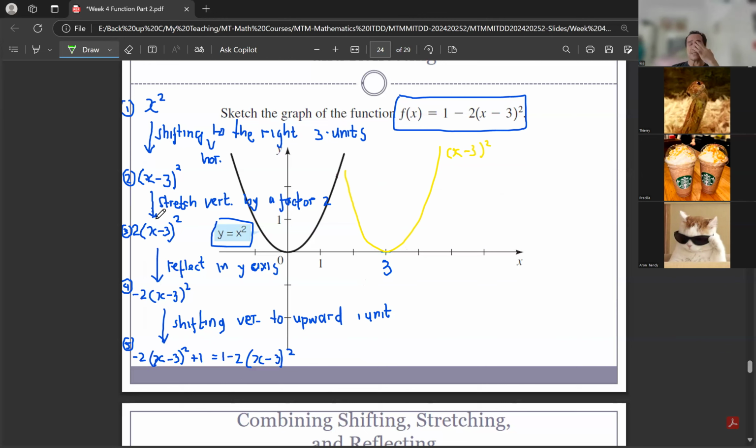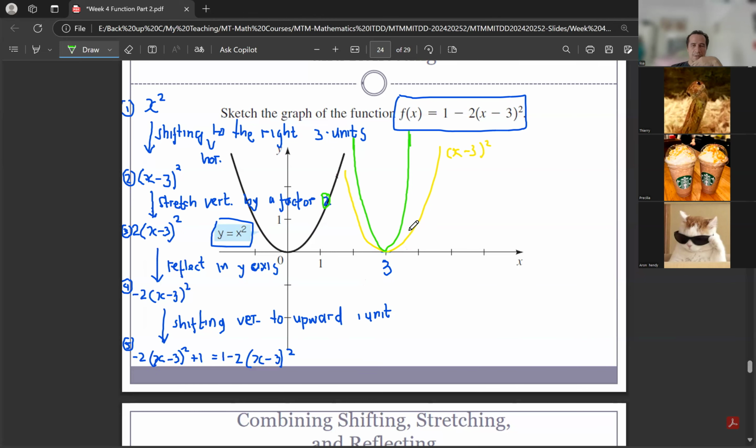Stretch means diregang. Vertically means that we stretch upward and downward, because this is a factor greater than 1, so we stretch it upward. So our graph is more skinny, lebih kurus, skinny.